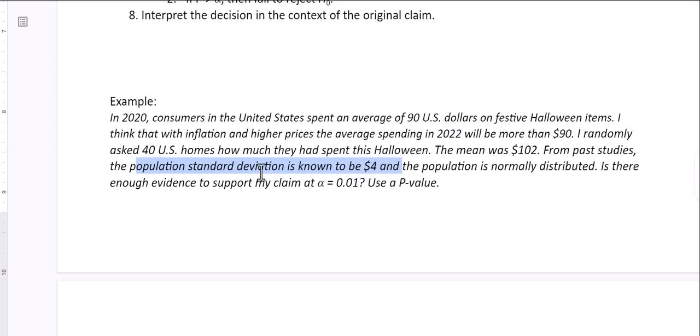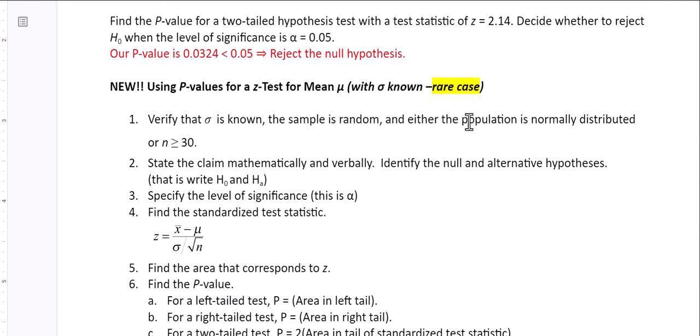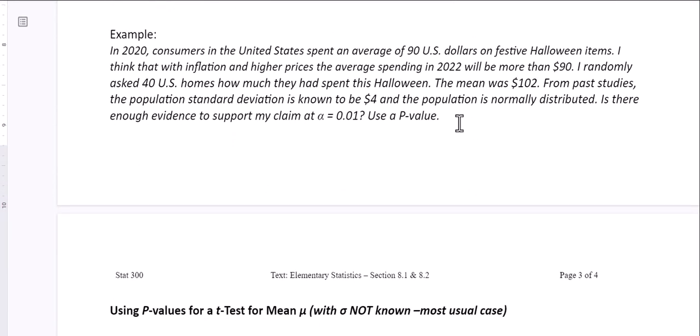So then we can say from past studies, the population standard deviation is known to be $4. So we can assume that for 2022. The population is normally distributed, so that already fits the first criteria.